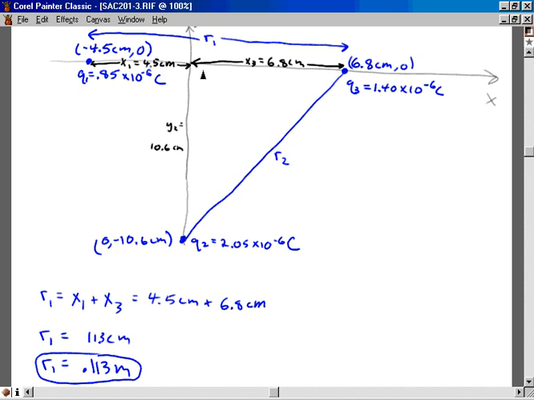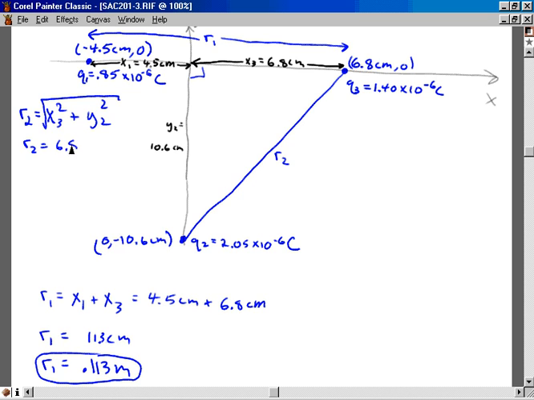R2 I can get using Pythagorean theorem. It'll be the square root of the square of x3 and y2. Let's go ahead and get that. R2, that's the distance that charged particle number 3 is from particle number 2, is x3 squared plus y2 squared, all raised to the 1/2, and take the square root of that.